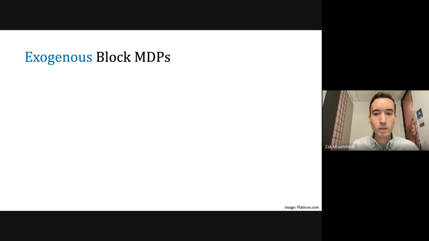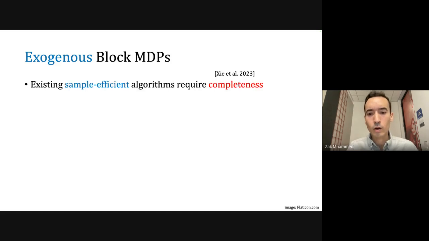So exogenous block MDPs are really challenging, and they do have finite coverability. And all the existing algorithms that solve it in a sample efficient way make some strong assumption called completeness. Completeness is much stronger than just assuming that you can realize the value function.